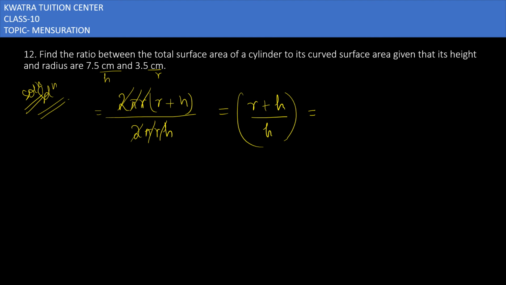Because we were told total surface area and we know we had CSA over it, and you can put the value of r and h now. So 3.5 plus 7.5 divided by 7.5.